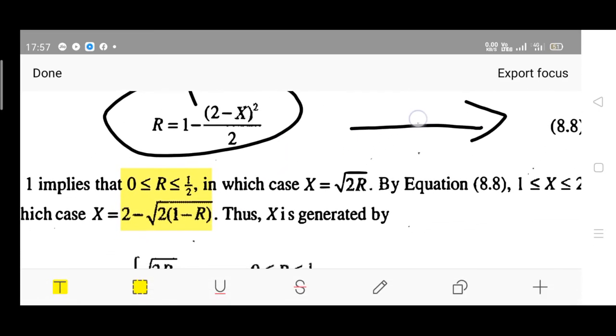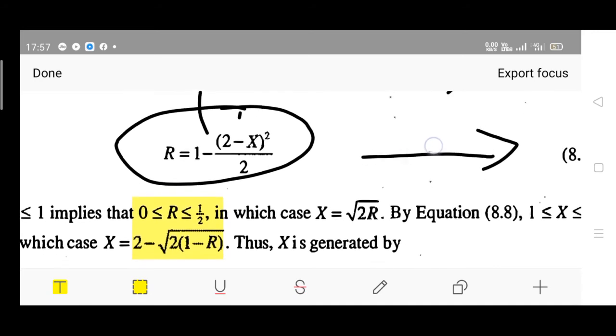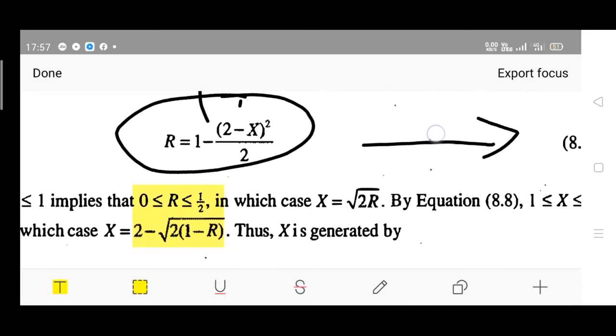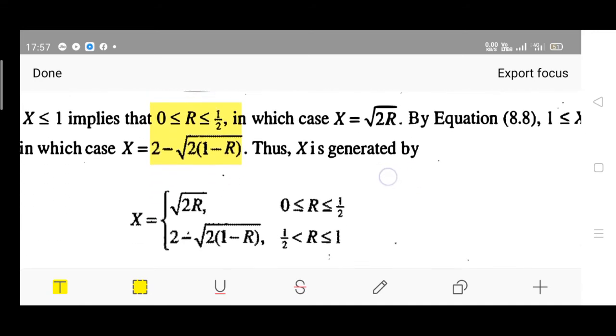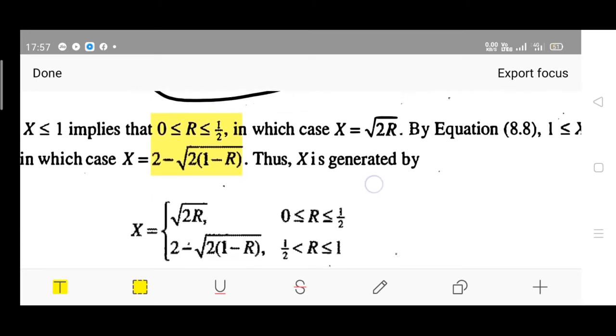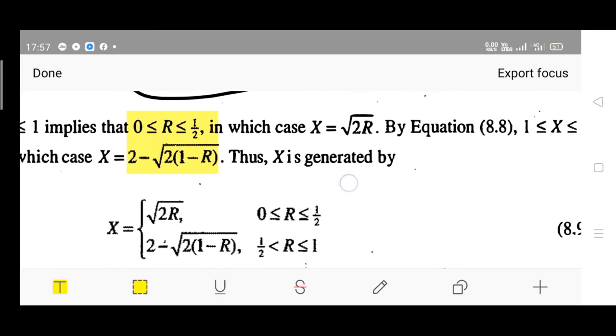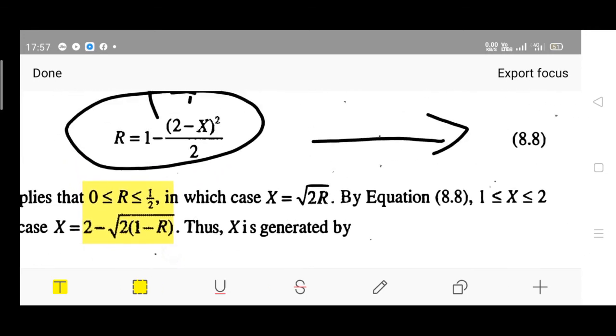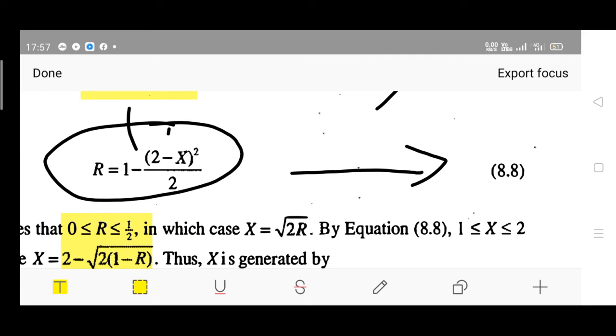Next, r equals 1 minus (2 minus x) the whole square divided by 2. Once again you are supposed to simplify for x, taking r on the right hand side and x on the left hand side. After simplification, you will get 2r equal to 2 minus (2 minus x) the whole square. You have to take some values on the left hand side and some on the right hand side.